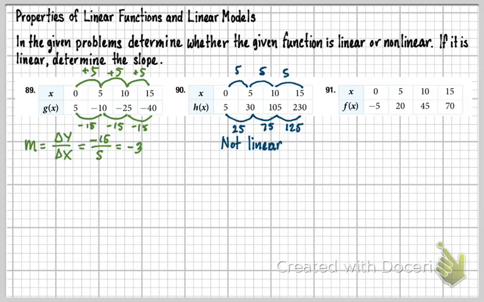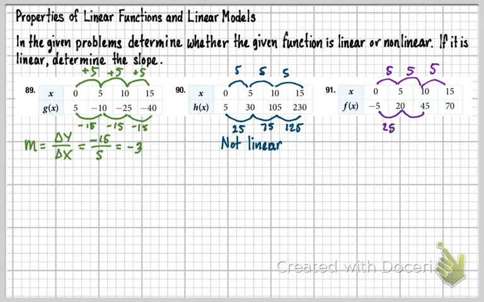Okay, now for the next one, let's take a look at this one. This one goes from 0 to 5, so that's a 5. 5 to 10, that's a 5. And then 10 to 15, that's a 5. Again, they're constant. No problem. Now the bottom goes from negative 5 to 20, and that's going to be 25.